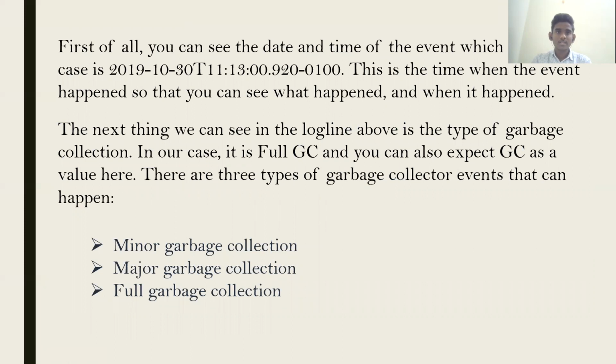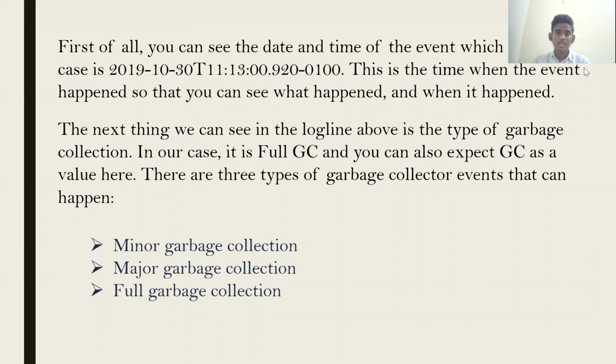First of all, you can see the date and time of the event, which in our case is 2019 10:30, and the time is 13:92. This is the time when the event happened, so that you can see what happened and when it happened. The next thing we can see in the log line above is the type of garbage collection.